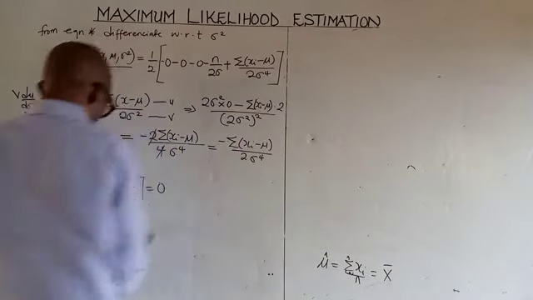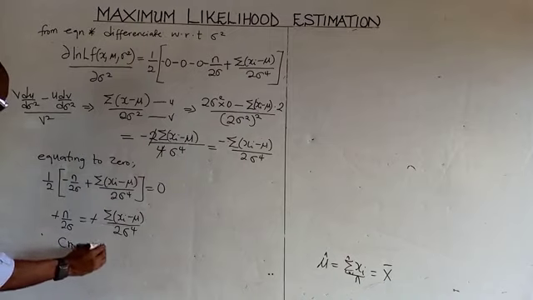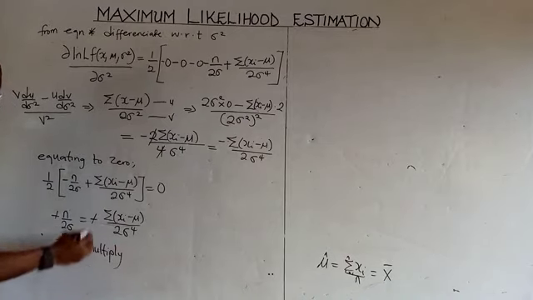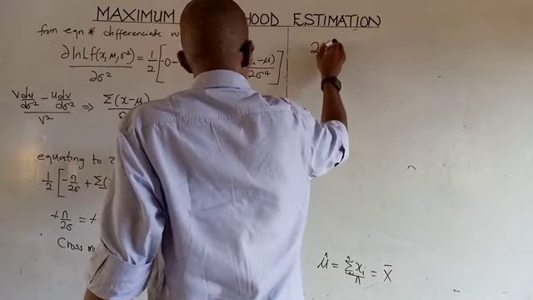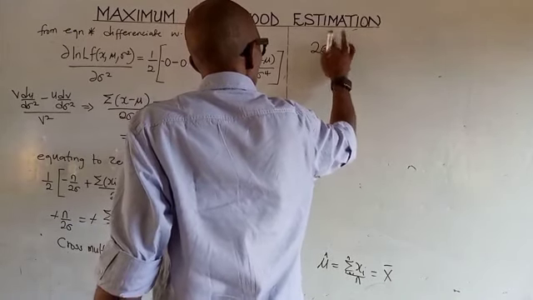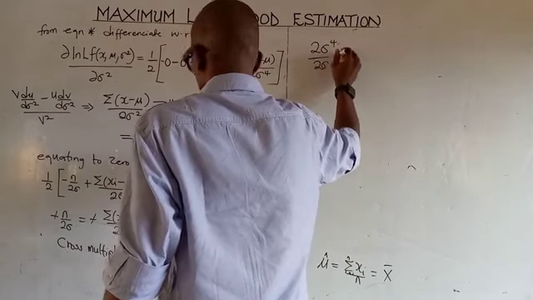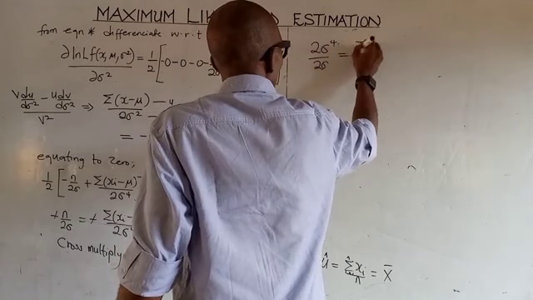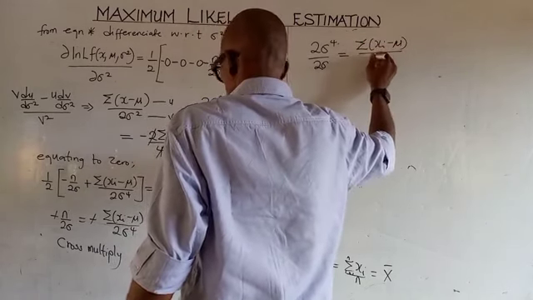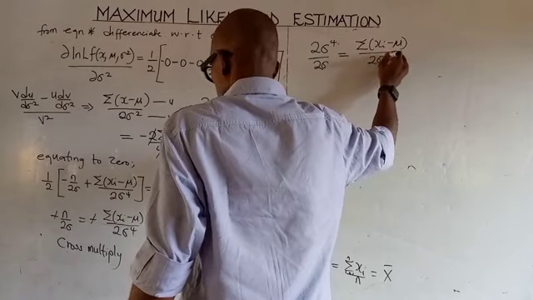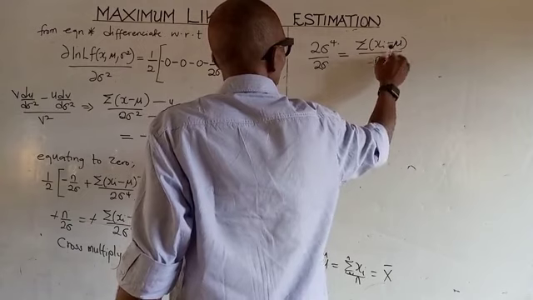It means here we can cross multiply. So if we cross multiply there we have 2 sigma 4 all over 2 sigma is equal to summation of xi minus mu all over 2 sigma 4 all over n.